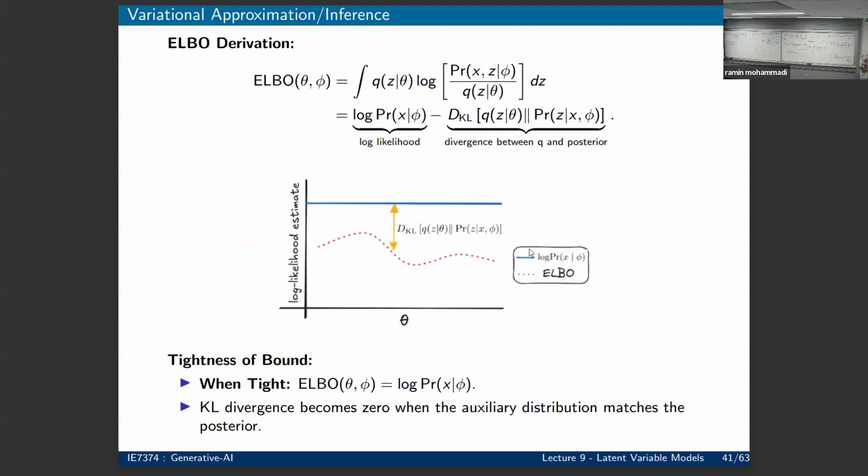Now, if we go back to the ELBO, this comes back to the second definition of the ELBO.